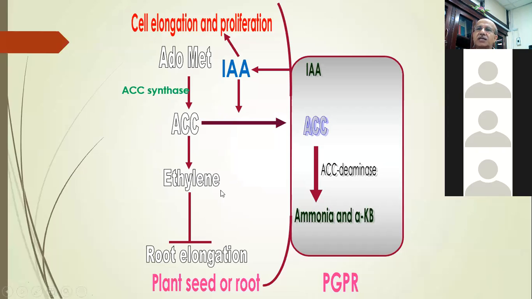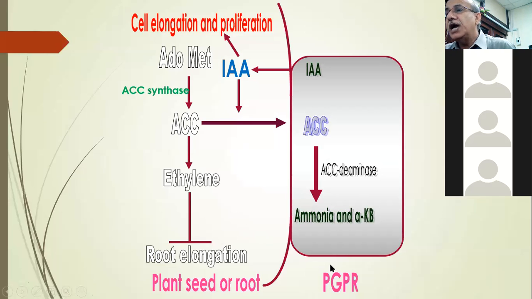And when there is high ethylene concentration, root elongation is inhibited, right? And when there is less root elongation, there will be less plant growth, right? So this is how high ethylene concentration, or stress, affects plant growth.